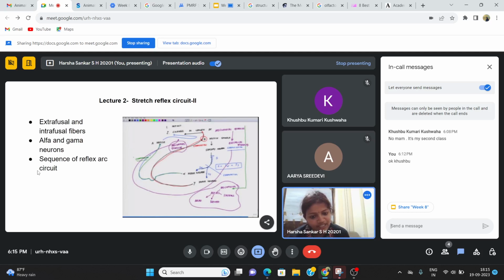So basically, if you're checking, we can see that it started with the mechanical stimulus, converted to electrical stimulus. At what stage of the circuit does the electrical stimulus come? What is the electrical stimulus? Mechanical is the change in length. It's a mechanical stimulus. Where is the electrical stimulus coming?